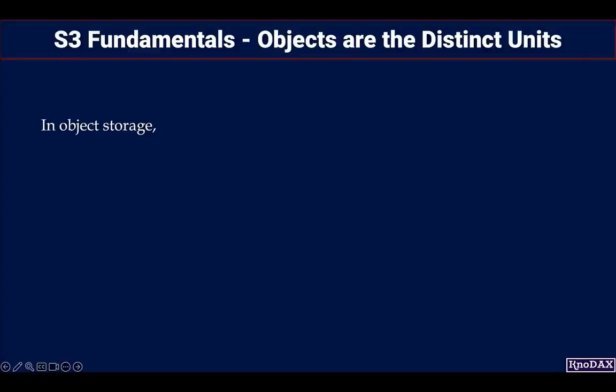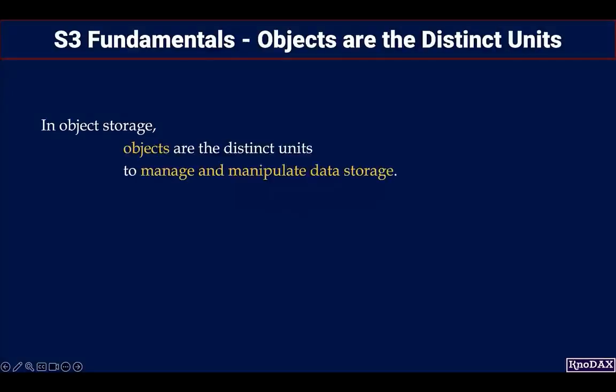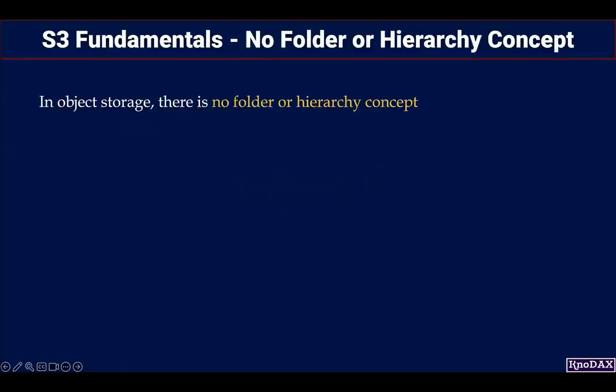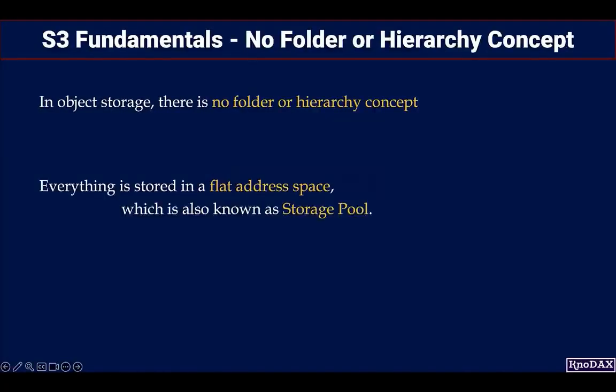In object storage, objects are the distinct units used to manage and manipulate data storage. In object storage, there is no folder or hierarchy concept as we have in file storage systems. Instead, in object storage systems, everything is stored in a flat address space, also known as a storage pool. In AWS, this storage pool has a particular name, bucket.